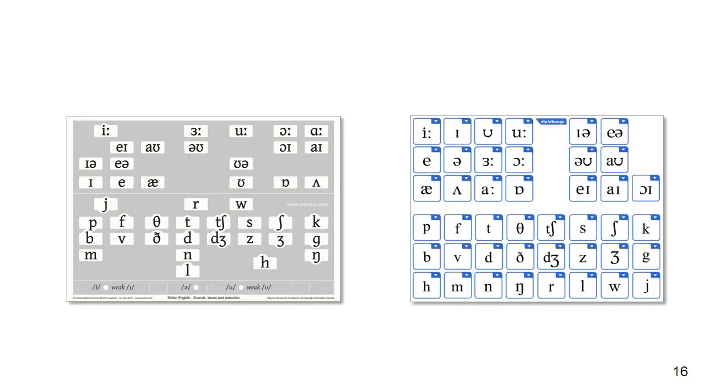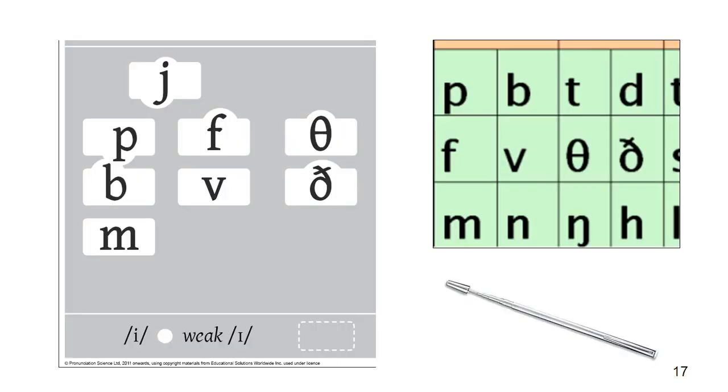There's another benefit to not packing all the sounds into pigeonholes. It makes it easier for teachers and students to navigate around a chart. It's easier to become familiar with the positions of the sounds in the chart on the left, and to then locate the sounds when needed. And the third benefit is that when you're using a chart in class and getting your students to point out sounds, the landing area for the pointer is better defined on the PronSci chart than in the pigeonhole designs.